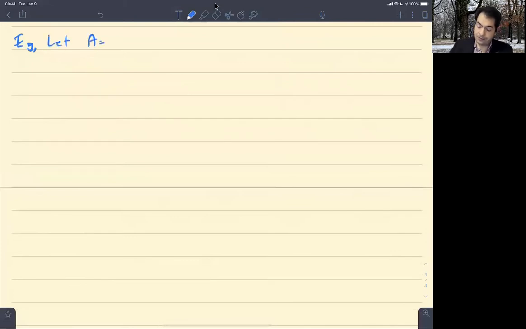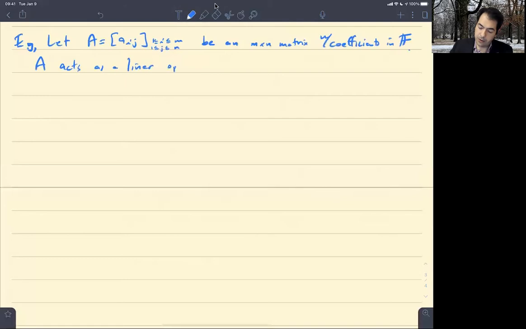Okay, so let's say you have a matrix A, where i goes from 1 to m and j goes from 1 to n. So this is an m by n matrix, well, let's say with coefficients in field F. Okay, then A acts as a linear operator, or linear map, linear transformation, however you want to say it.